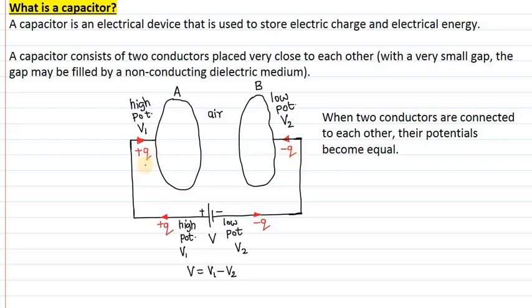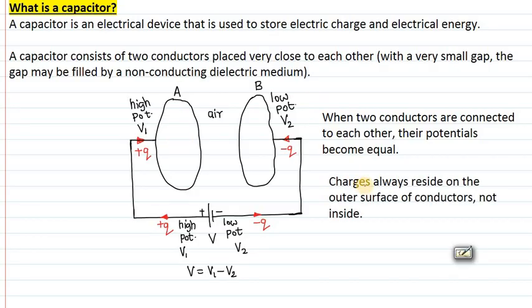Now after these charges enter into the conductor, the first point you already know is that charges always reside on the outer surface of the conductors, not inside. So these charges given by the battery will remain only on the outer surfaces. I will show here the charge on the outer surface. No charge can reside inside the volume of the conductor.